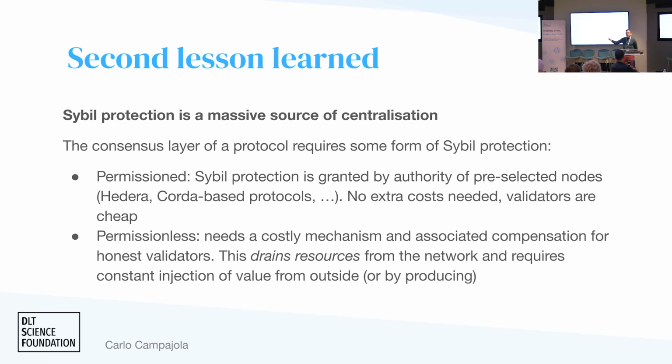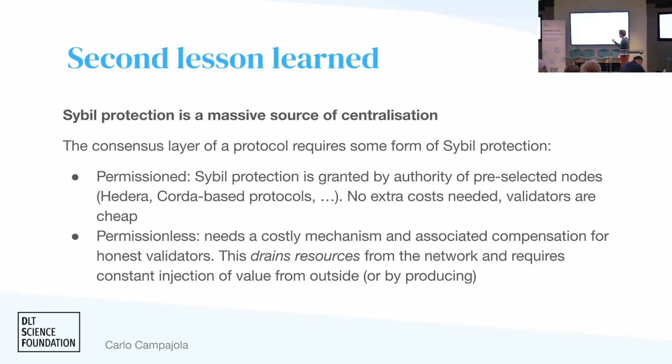If you look at Hedera, for instance, the fees are very low, and that's because it's a permissioned network. You don't have to encourage validators to come in and expect very large rewards for their honest behavior. There are just a set of nodes, and they just need to cover their own running costs, which are very low if they don't have to pay the Sybil protection cost.